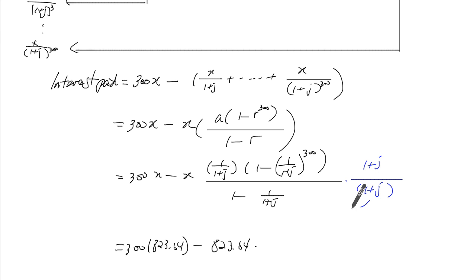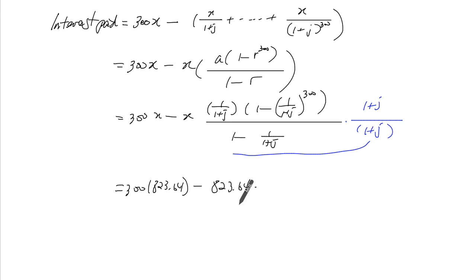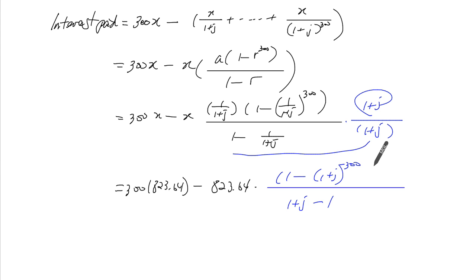Multiplying the 1 in the numerator gives 1 plus j, and the 1 over (1 plus j) term gives minus 1, so the bottom becomes j. Algebraically it's simpler if I write it with no fractions.